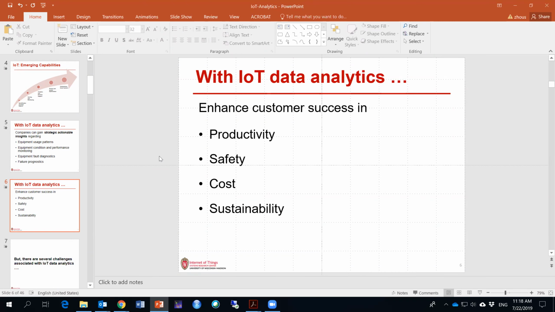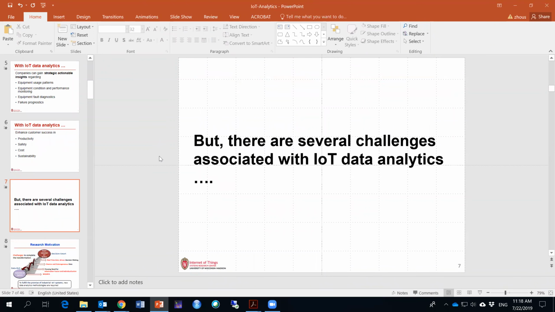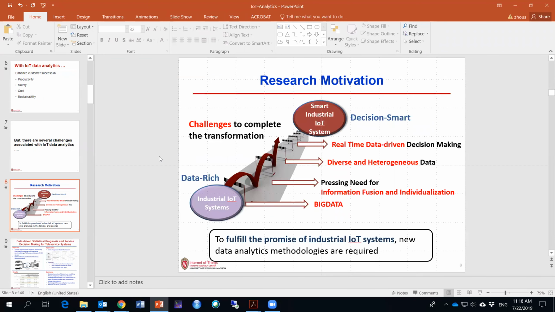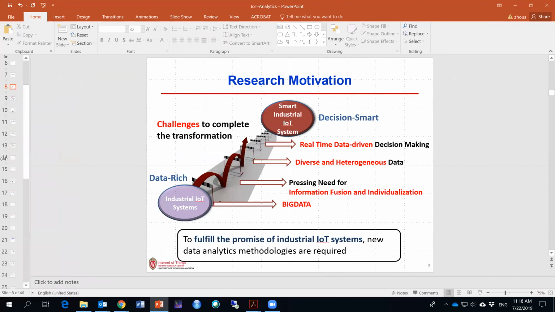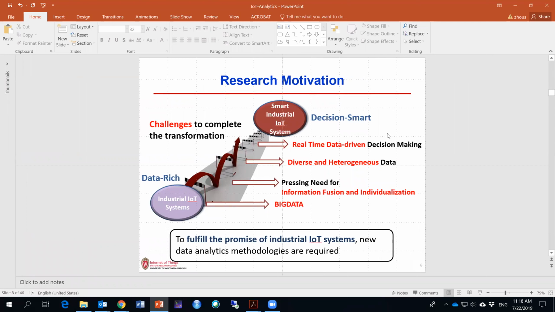But there are some critical challenges in this IoT data analytics. Like if we want to convert the data from the data-rich environment to this smart decision, we need to overcome several key challenges. So the first challenge is the big data.